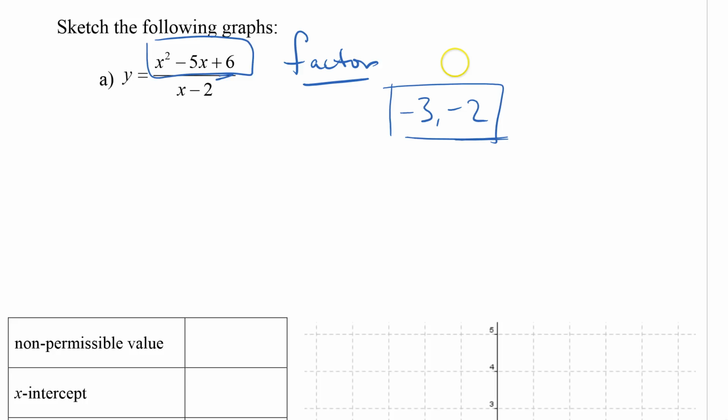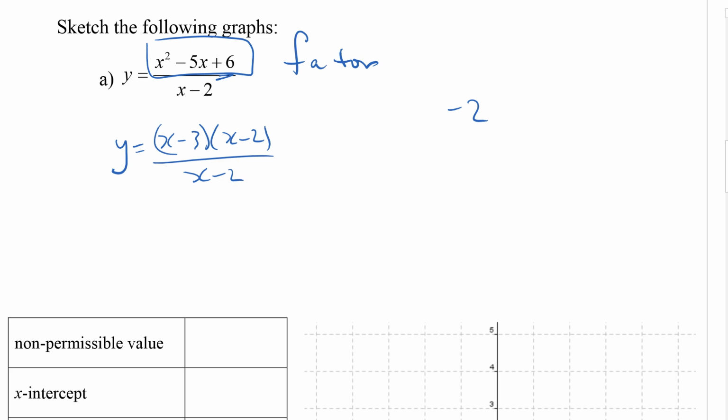Okay, so the next step here is, let's write it out in factored form. We get x minus 3 multiplied by x minus 2 all over x minus 2. Now this is the same thing as y is equal to x minus 3, except what I have done here is I have divided the top and the bottom by x minus 2, and I will say that there is a restriction in the domain that x cannot be equal to 2.